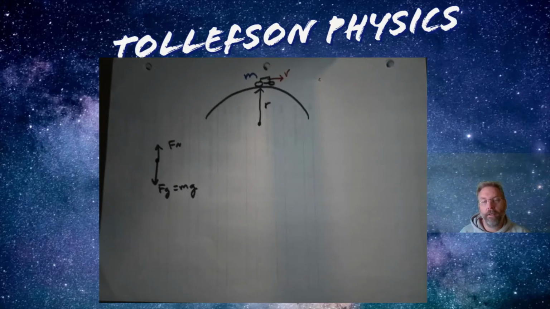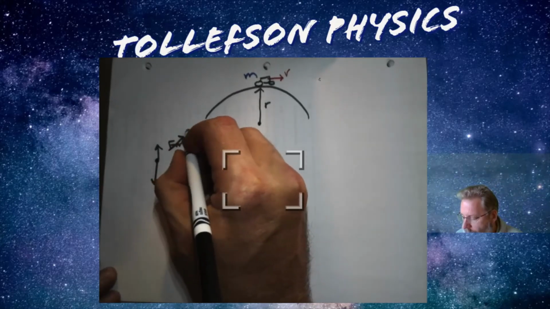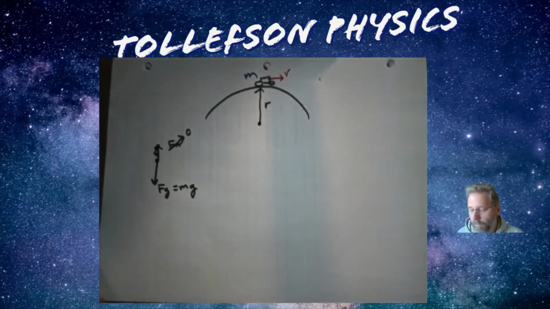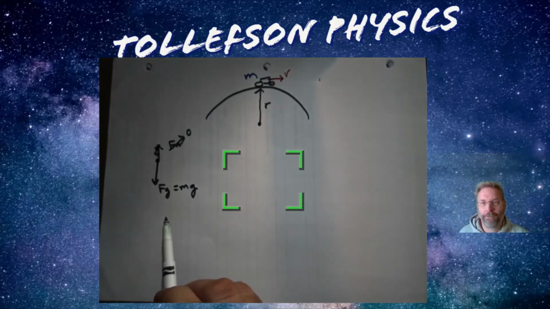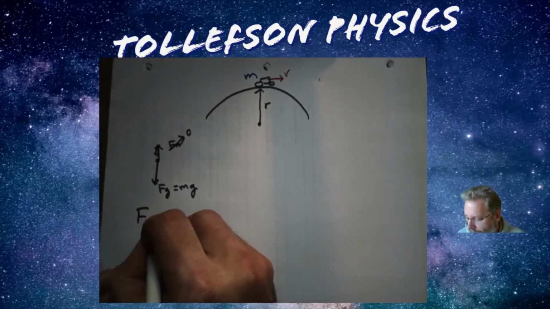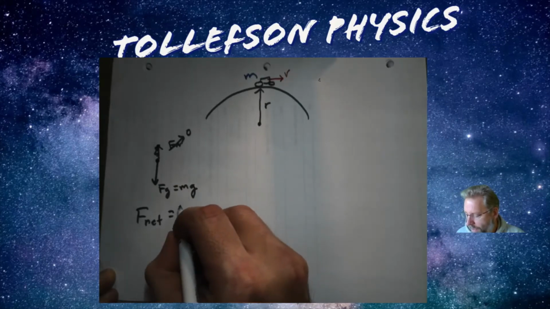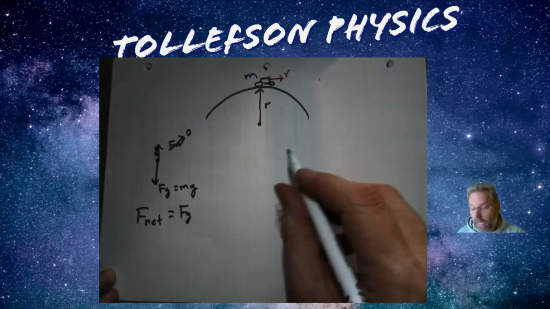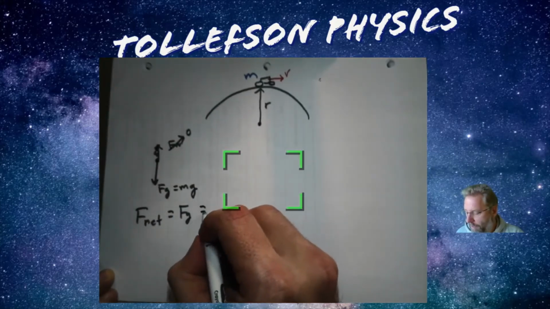If you're leaving the hill, there is no normal force, so the normal force goes to zero and goes away. What is this a force diagram for? It's a projectile. So the net force when you leave the surface of the Earth is just the force due to gravity, which equals mg.